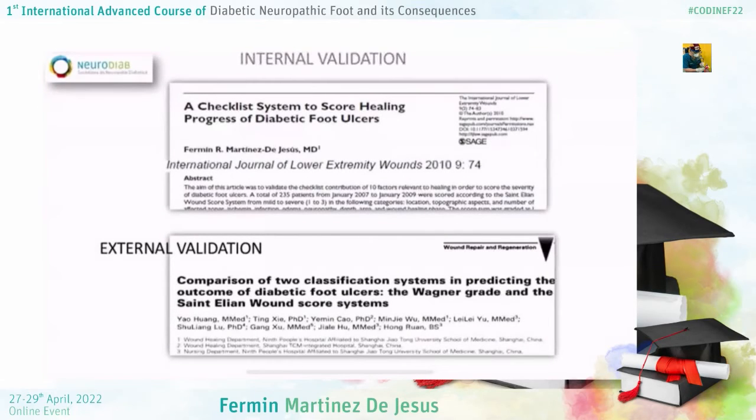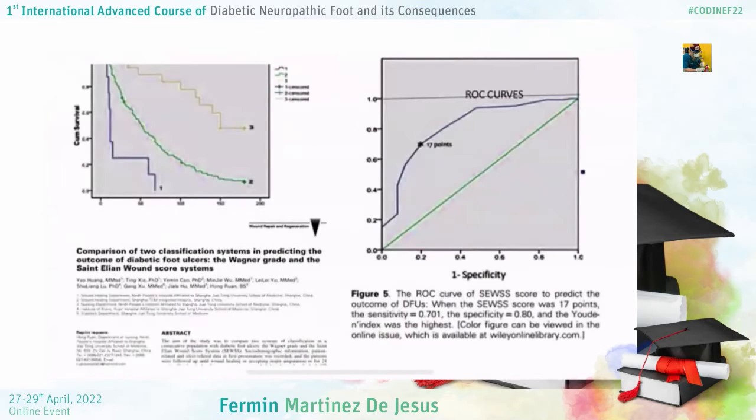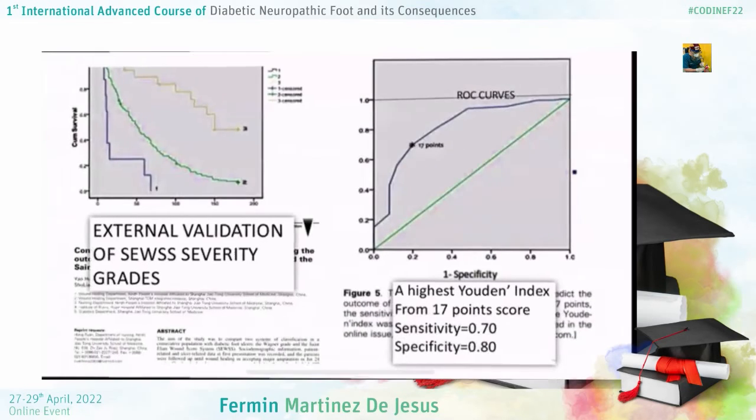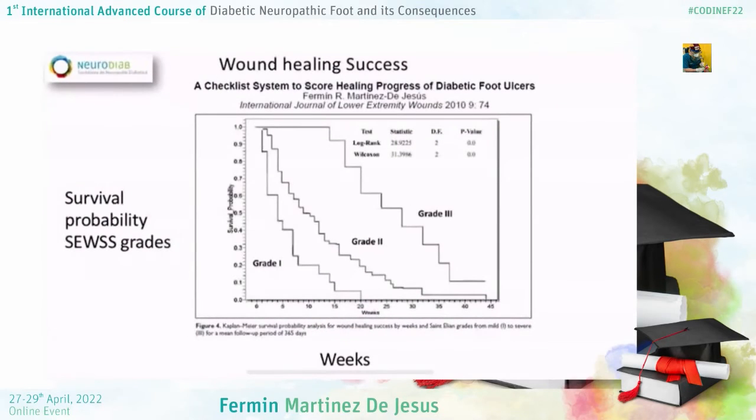The internal and external validation of this system is widely performed around the world with hard data. Every day we receive published papers from many of our colleagues around the world that are using the severity grade.